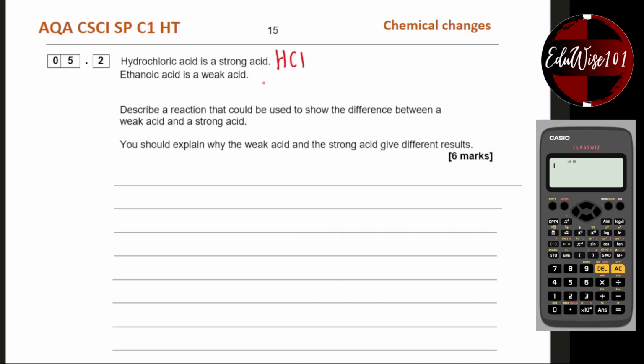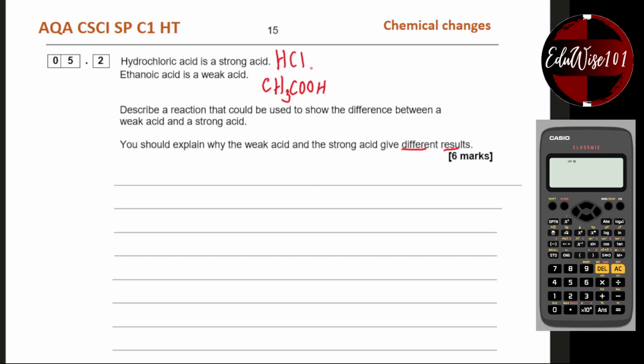Ethanoic acid is CH3COOH. Now, describe a reaction that could be used to test the difference between a weak acid and a strong acid. You should explain why the weak acid and the strong acid give different results.